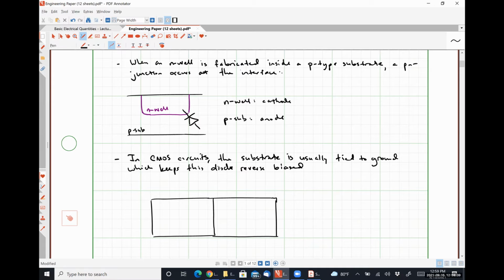So if this is the P side of the junction, and this is the N side of the junction, then what we should have is a bunch of holes, which I'm going to denote by circles.